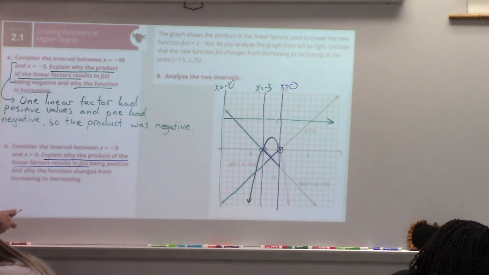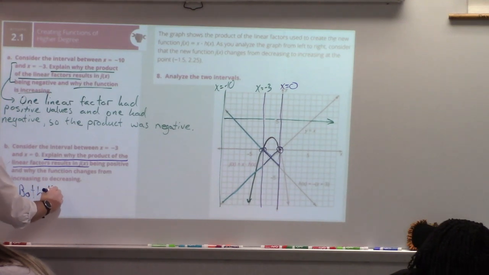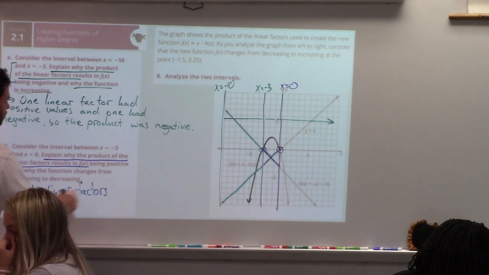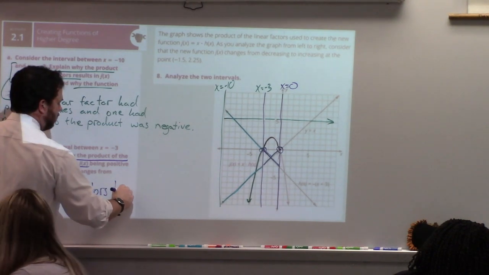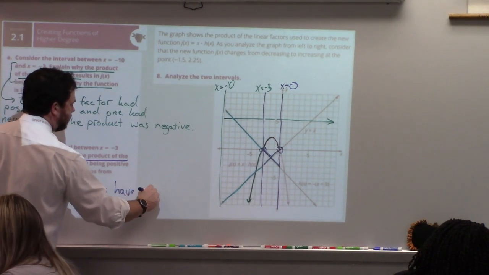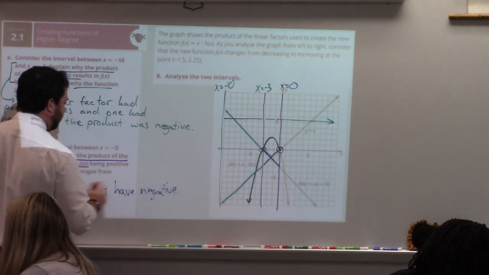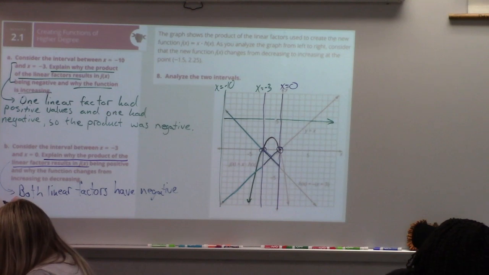And so, we want to notice, both linear factors have what kind of values? Negative. They have negative values. And remember, we're talking about the y's in those cases.